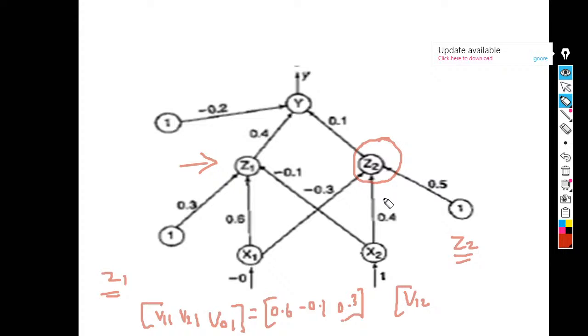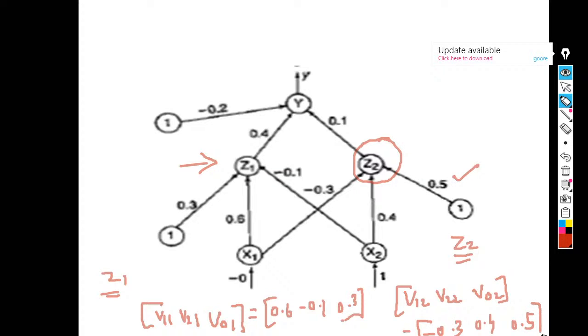Then from X2, V22. And from this bias, I will say VO2. V12 is minus 0.3, V22 is 0.4, and VO2, this bias, is 0.5.